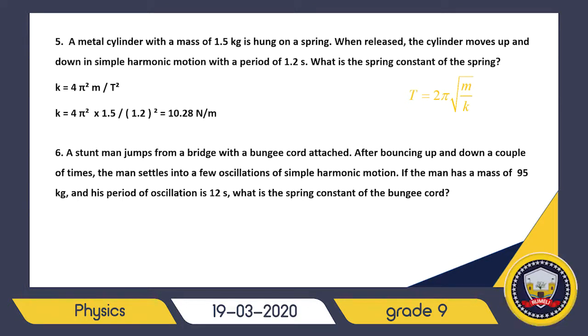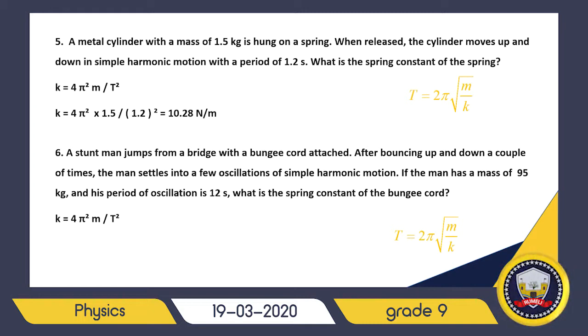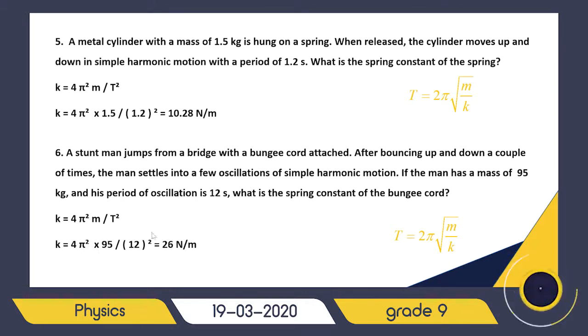Since we have the mass and period and want the spring constant, we use the same formula, k equal 4 pi power 2 m over T power 2. By direct substitution, 4 pi power 2 multiplied by 95, the mass, divided by 12, the period, power 2, equals 26 Newton per meter.